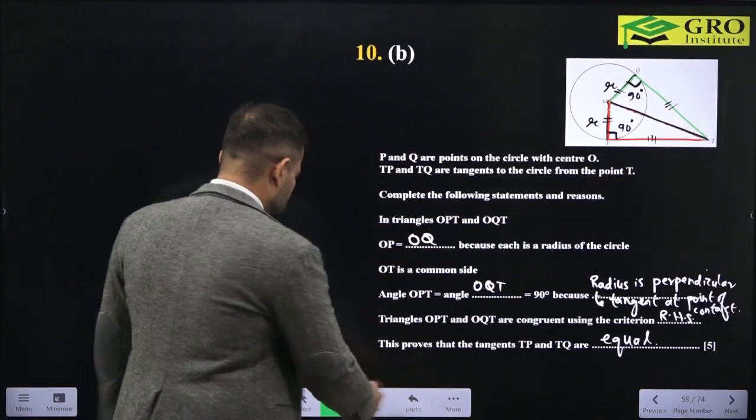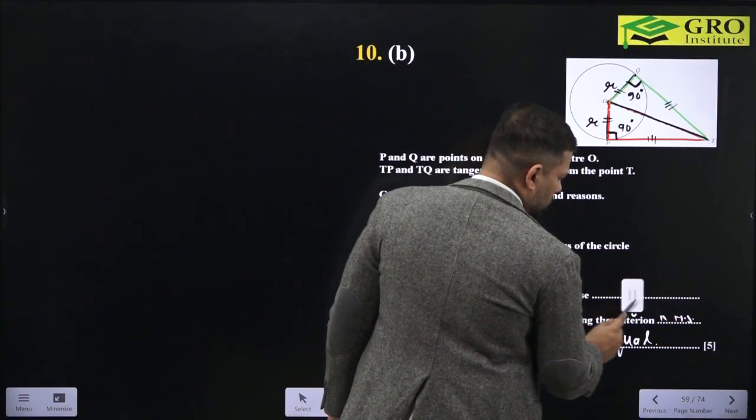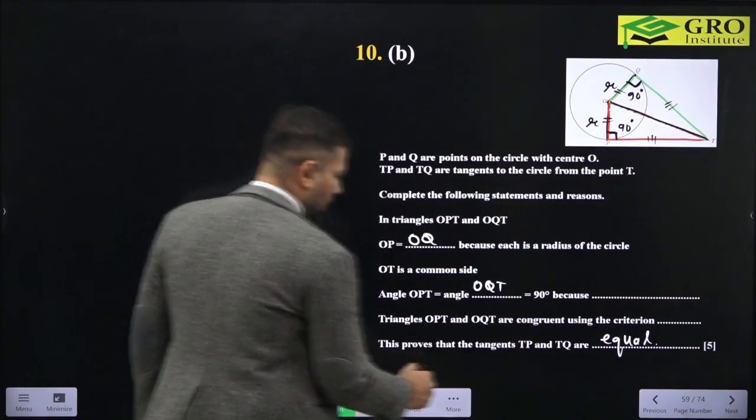I am just erasing it a little bit and writing it one more time so that you might not get confused.